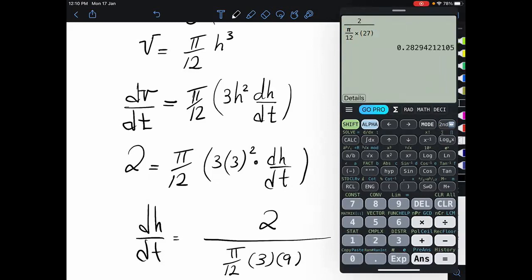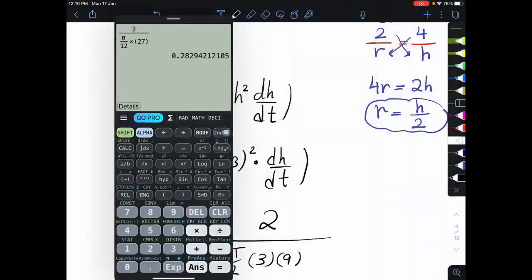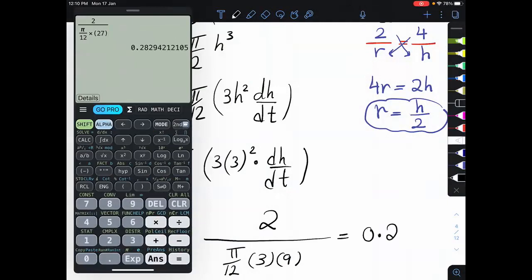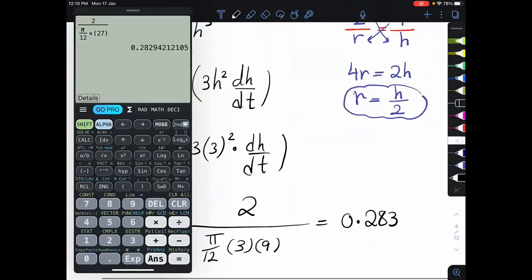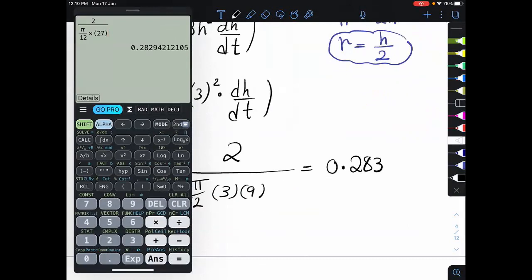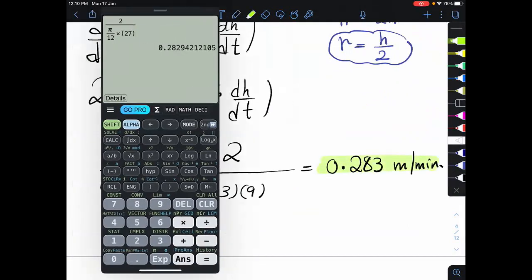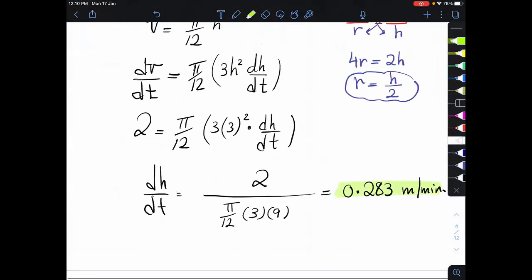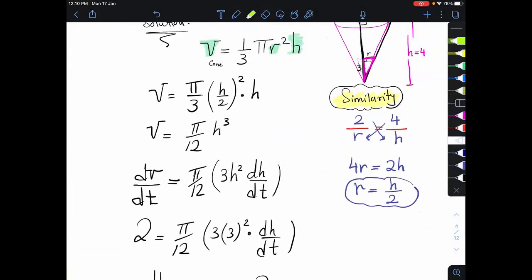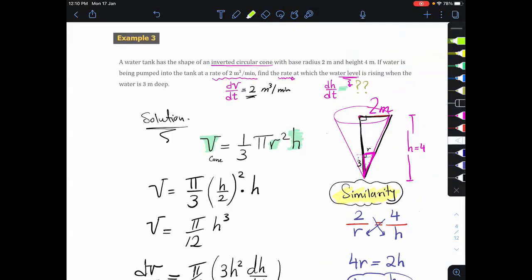Okay, 0.1. So the answer is 0.283. The unit for height is meters per minute. Not meters squared, not meters cubed. Okay, this is the change of height with respect to time, due to the increasing volume.